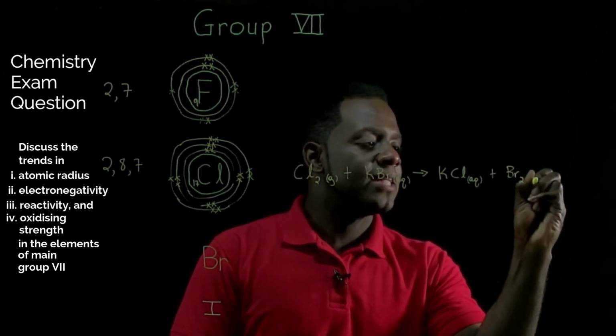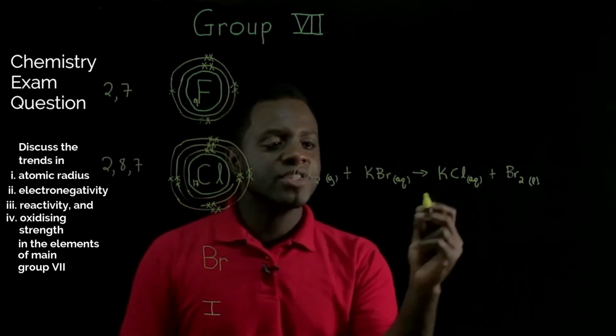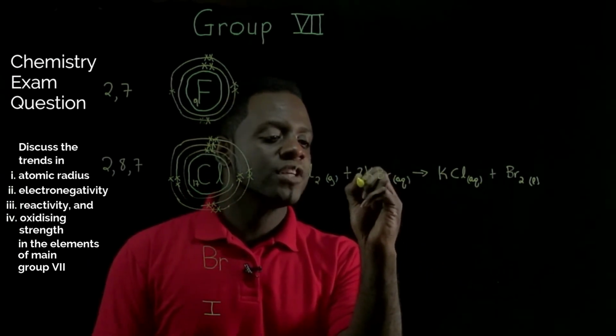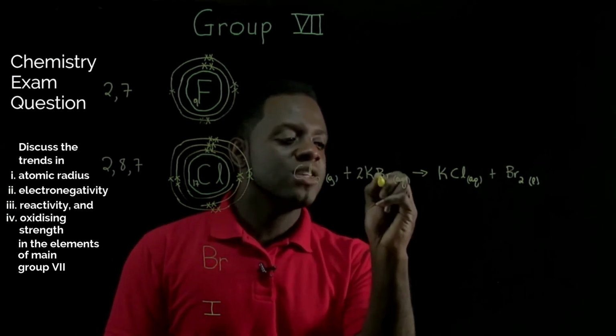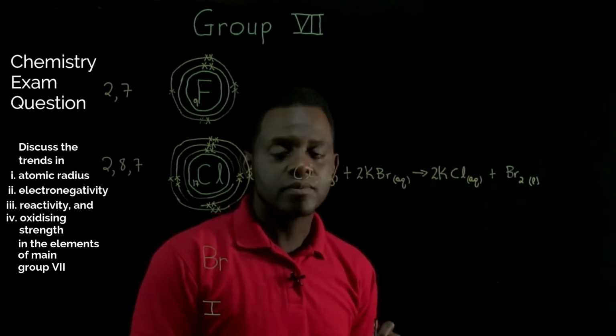And let's just write liquid for the state symbol. To balance this equation, we need to put a coefficient of 2 in front of the potassium bromide as well as in front of the potassium chloride.